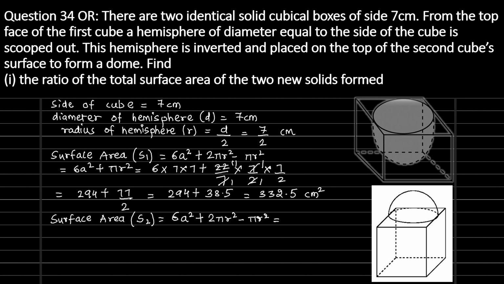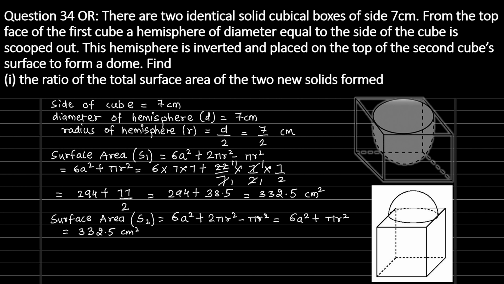This leads to 6a square plus pi r square. Since the quantities are the same, here also the side of the cube is 7 cm and the radius of the hemisphere is 7/2 cm, so we get 332.5 centimeter square as the surface area after simplifying this further.